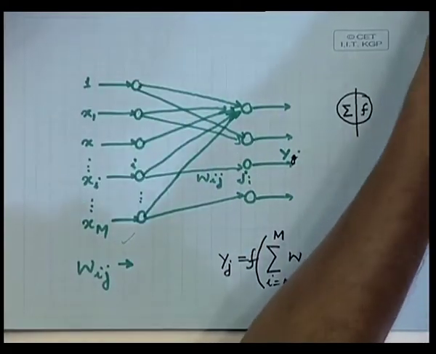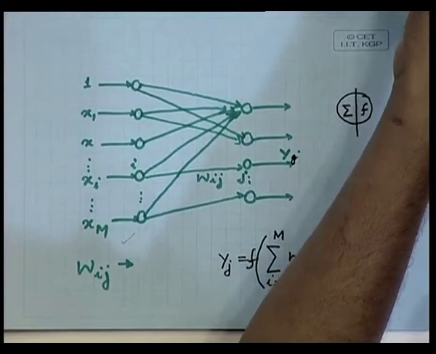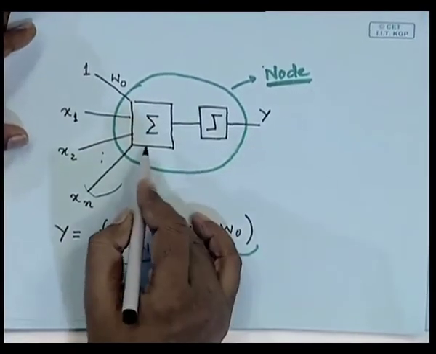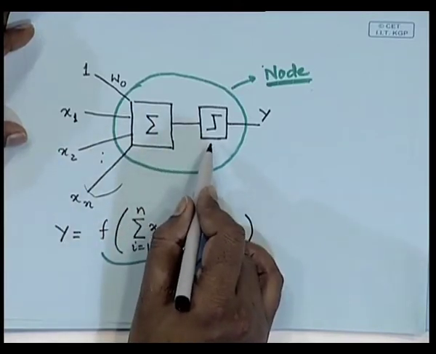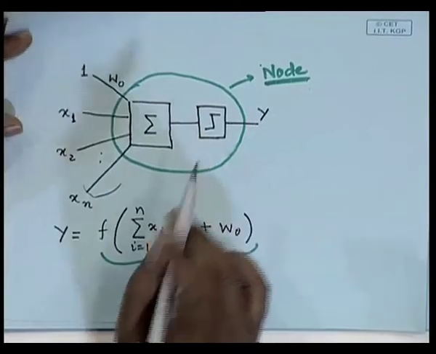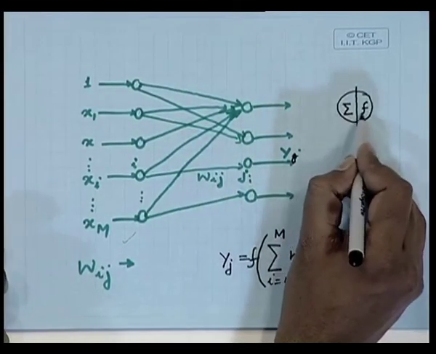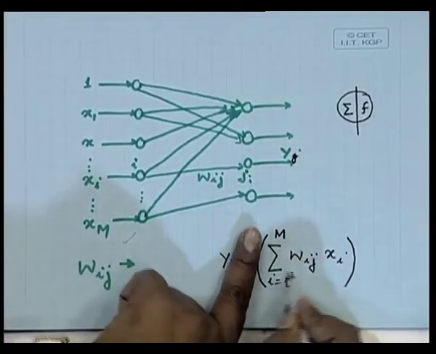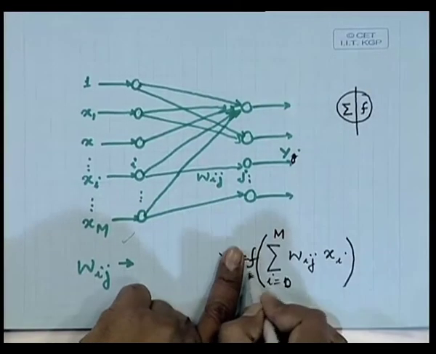Coming to our initial nodes which we have defined, I have an adder unit followed by a nonlinearity. So each of these nodes is broken into two parts. One part computes the summation, which is this, followed by nonlinearity f.